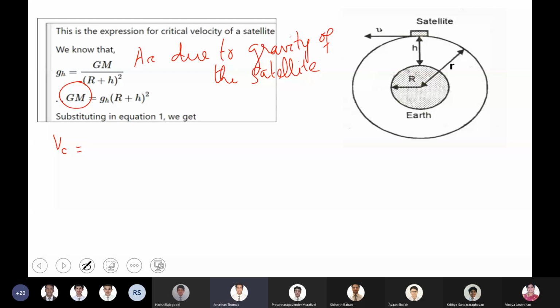Ma'am, so should we write the expression for acceleration due to gravity on the surface of the Earth? Boys, find the value of Vc.